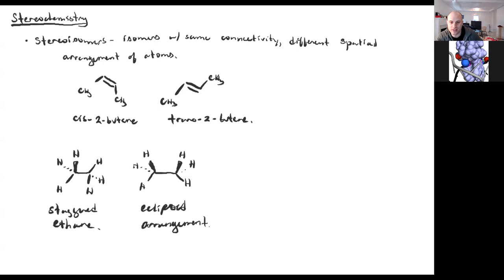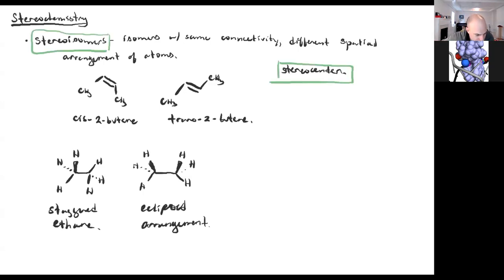So a stereocenter is defined as, maybe I'll box the important terms here. A stereocenter is going to be any atom where the interchange of two groups generates stereoisomers.